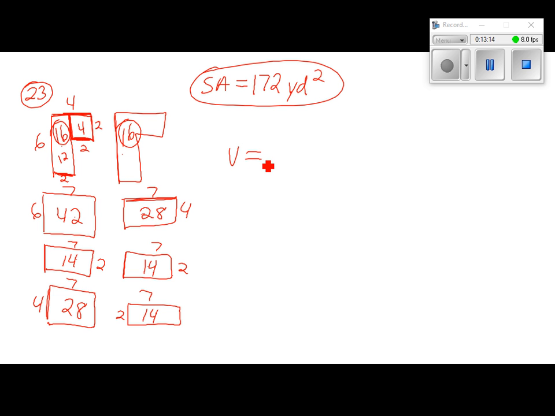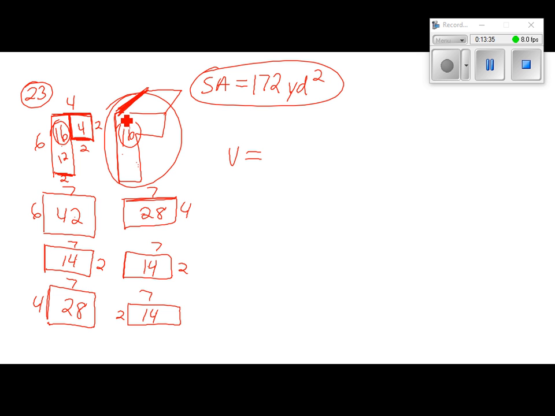Now to find the volume of that shape, there are a couple different ways we could do it. Probably the easiest way, even though this isn't any kind of rectangular prism or triangular prism, this is still a base, and that base still goes back to the other base.